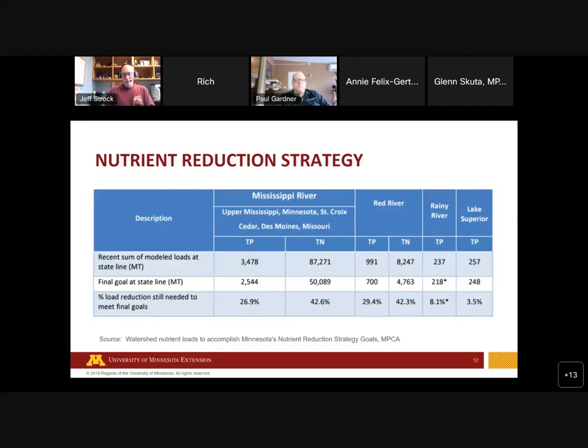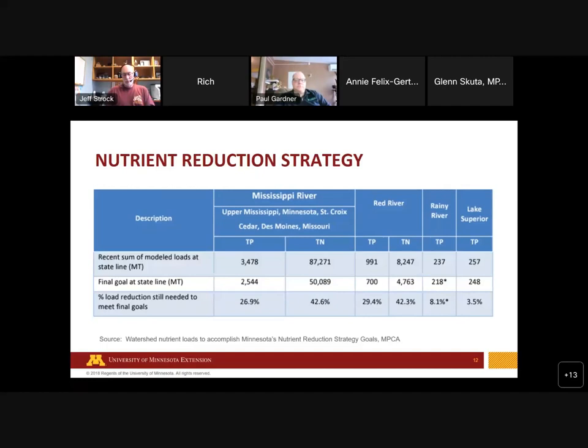The right figure shows percent reductions that we need to get to, and of course you see the Red River Valley and the Minnesota River Basin by and large, in order to achieve the reductions to get to 45% reduction, are pretty high. When you look at the total reductions in metric tons, the Minnesota River Basin for nitrogen really kind of pops out at you.